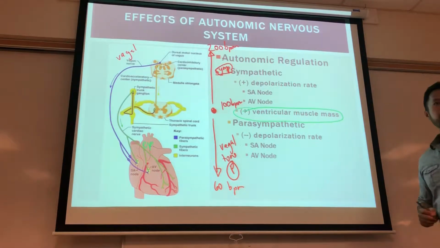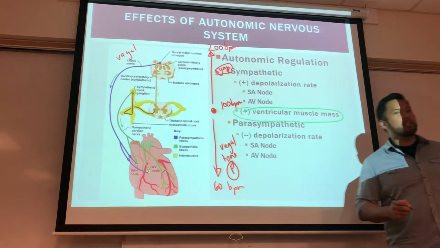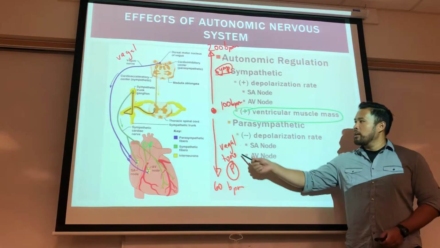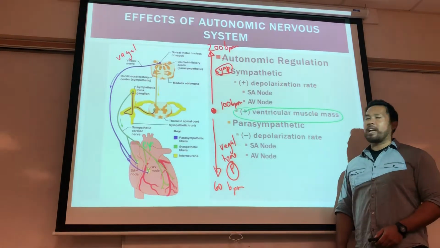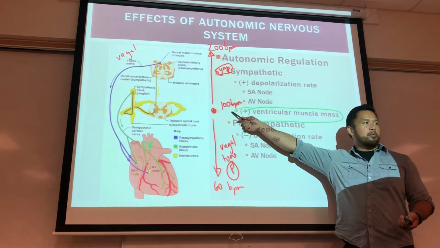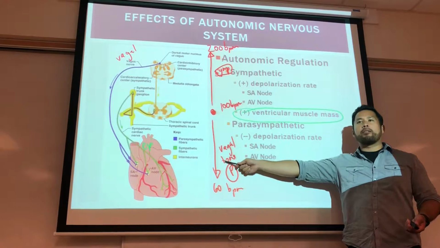That's epinephrine. So right now, all of us are sitting presumably with a heart rate between 60 to 80 beats per minute. You do have vagal tone. That's your parasympathetic output saying you're resting, you're digesting. We don't need you at 100 beats per minute, so let's slow that back down to 60 beats per minute.